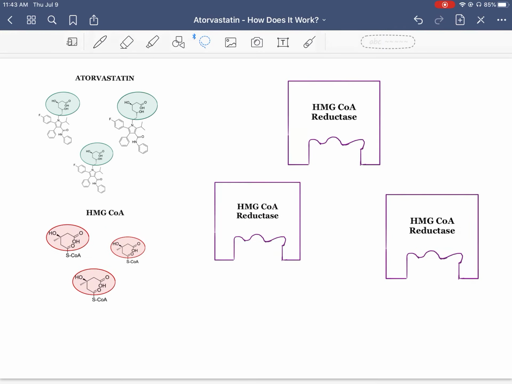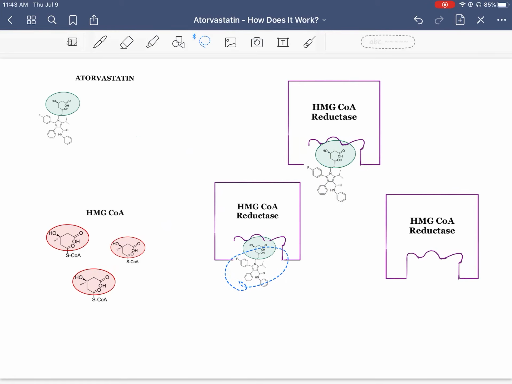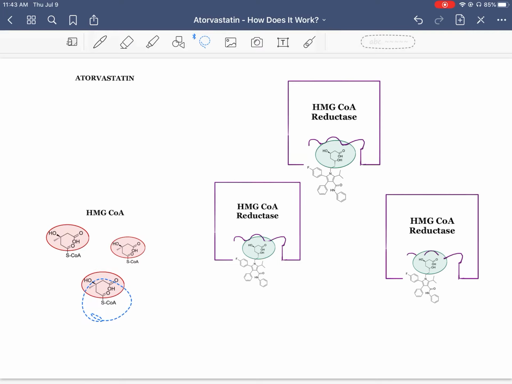Thus, when looking at atorvastatin versus HMG-CoA and its mechanism of action, atorvastatin will occupy the pockets of the enzymes. This then blocks the HMG-CoA from being able to enter the enzyme and receive the cutting of the CoA to form the mevalonate.